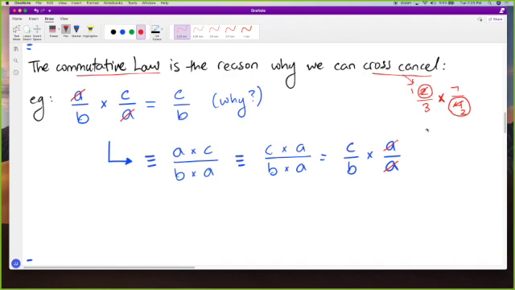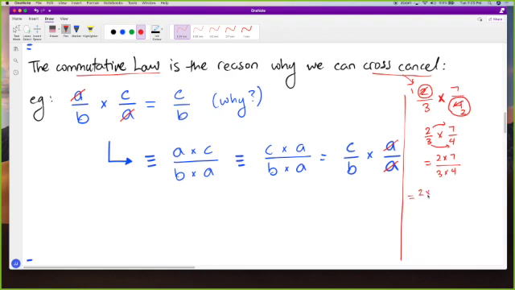Because remember, 2 over 3 multiplied by 7 over 4 is equal to, and I'm just doing it on the side here, right? That is equal to 2 times 7 over 3 times 4, right? And remember, multiplication is commutative, so I could switch around.